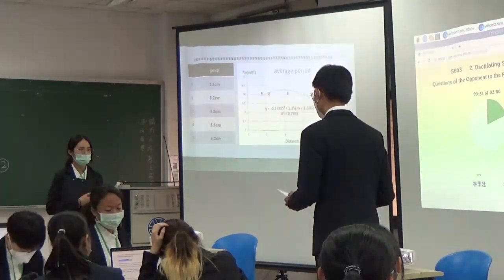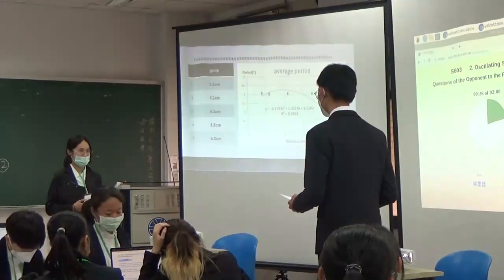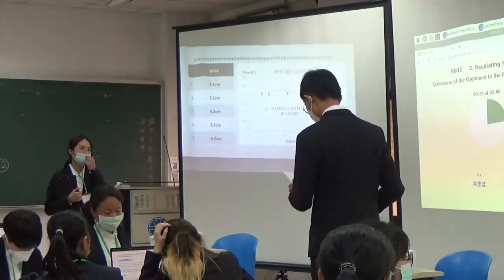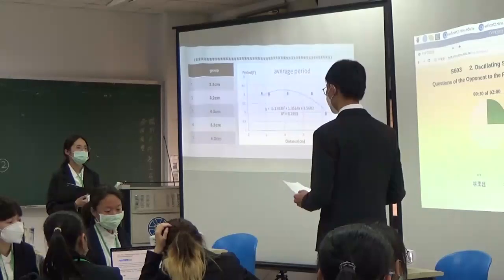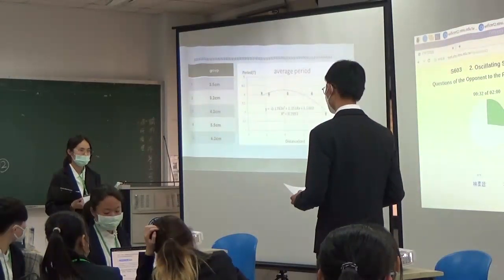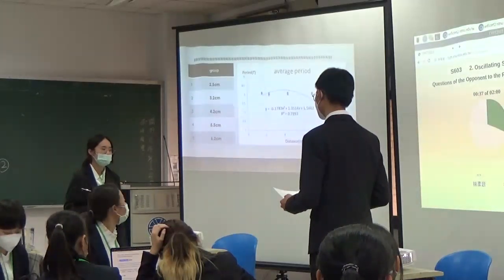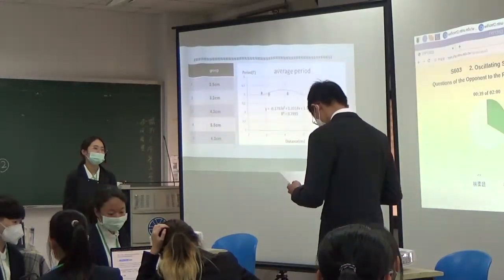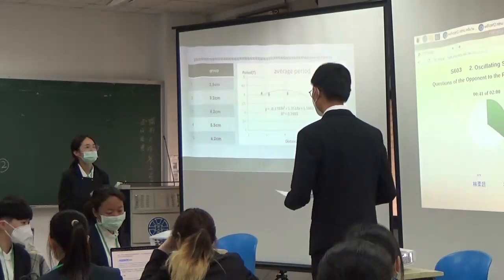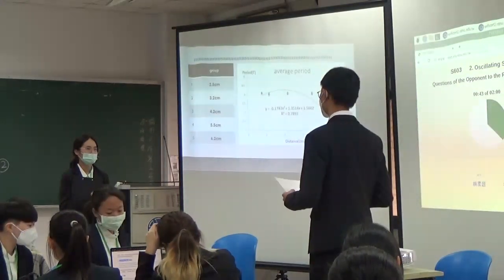Yes, it will be the same. Almost the same. And I want to ask, do you think the rotation of the sphere will stop? Yes. But why do you think the rotation will stop?